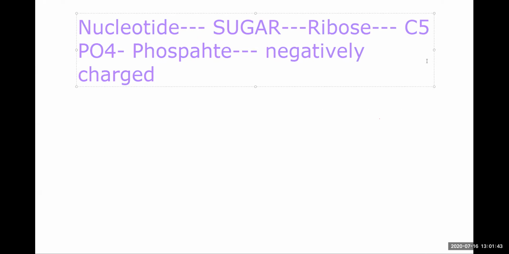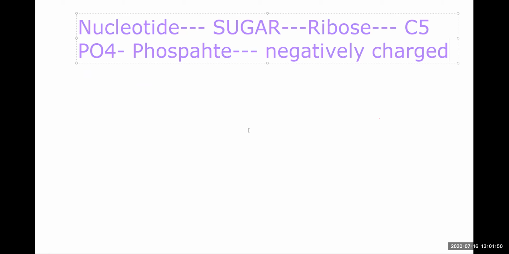So if I ask you why DNA and RNA are negatively charged, that negative charge is given to DNA, RNA or any nucleic acid by the phosphate molecule. A phosphate molecule is made up of a phosphorus atom and 4 oxygen atoms.